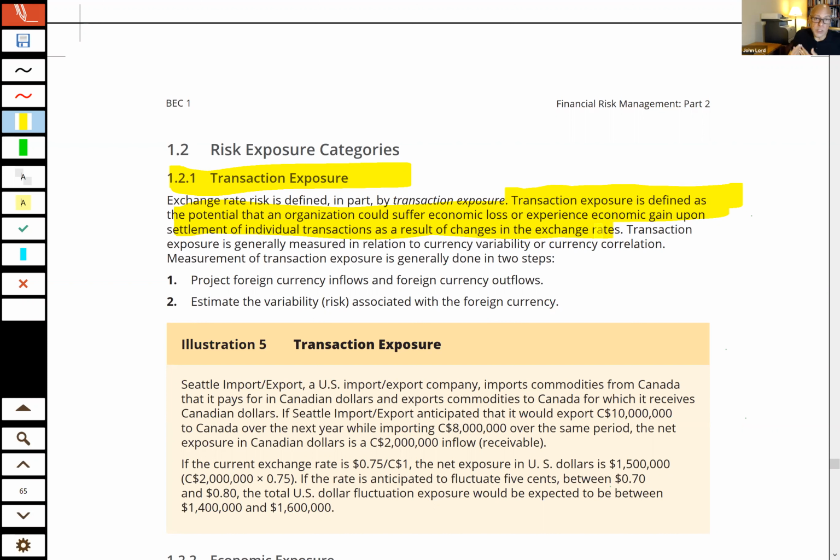Or I have a receivable and I'm going to be receiving some money, and I'm worried that the exchange rate is going to move so that by the time I'm getting paid in US dollars, I'm actually getting paid fewer dollars. So we look at ways to mitigate that. We're going to be looking at some tools that allow me to mitigate that. Notice that transaction exposure is generally measured in relation to currency variability or currency correlation.